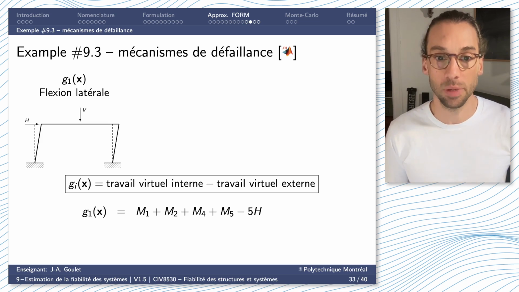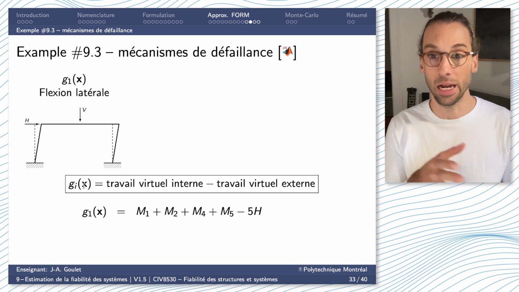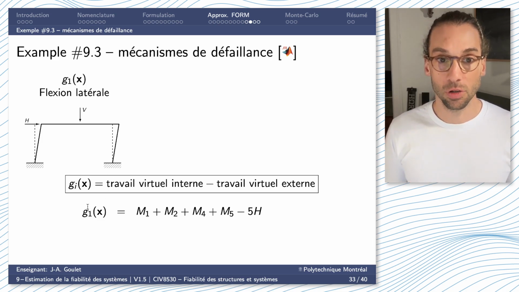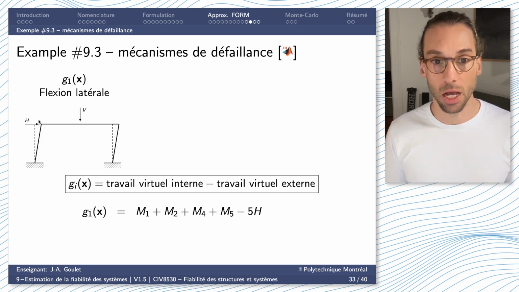The first one is going to be a lateral flexion. In that case, we can define our limit state function using the difference between internal and external virtual work. So the first limit state function is going to be M1, the capacity of my first plastic joint here, plus M2.